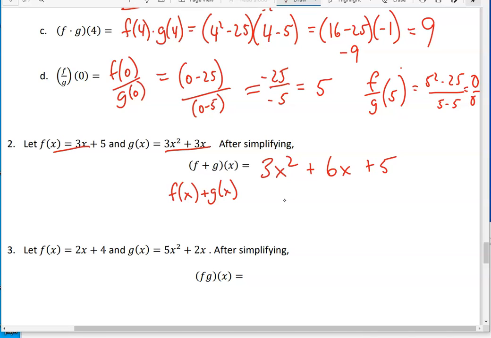Multiplying them together, that's where it gets a little more complex, but let's not panic. Let's just multiply: f g of x equals f of x times g of x. Well, that f of x is 2x plus 4, and g of x is 5x squared plus 2x.